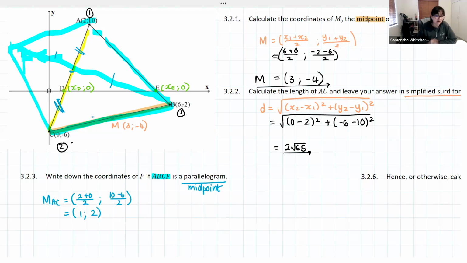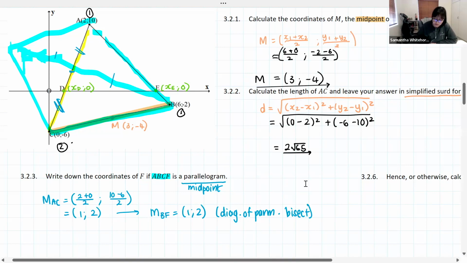Nice and easy. I don't have to stress about anything. Like I said, it's a very easy calculation. What this tells me is that the midpoint of BF is also equal to (1, 2), because the diagonals of your parallelogram bisect.